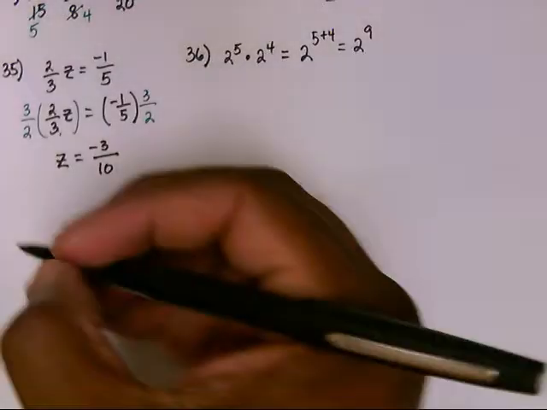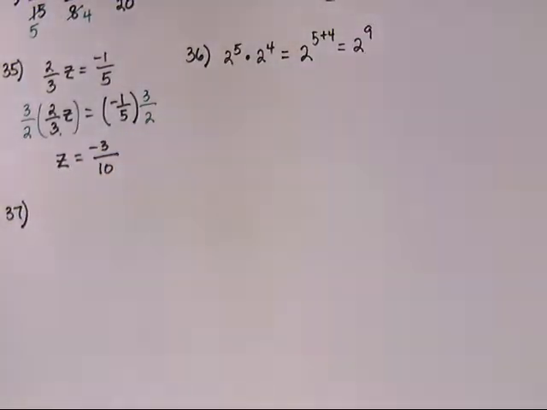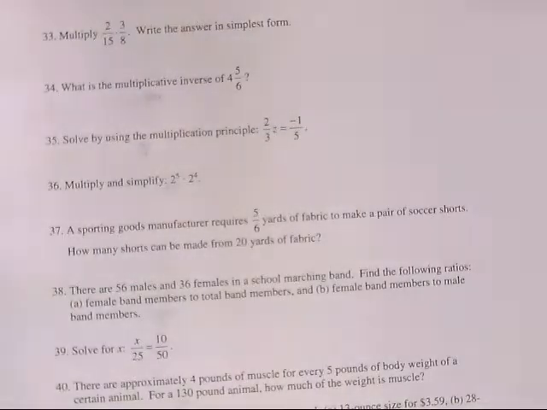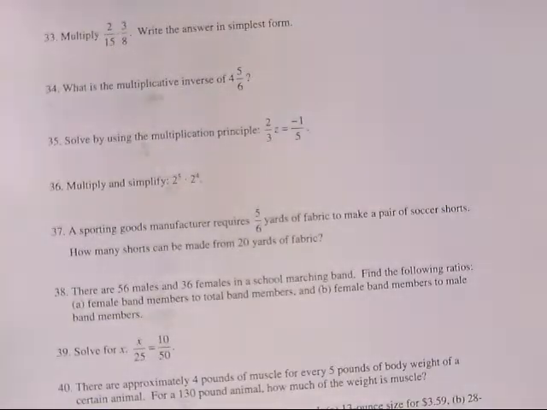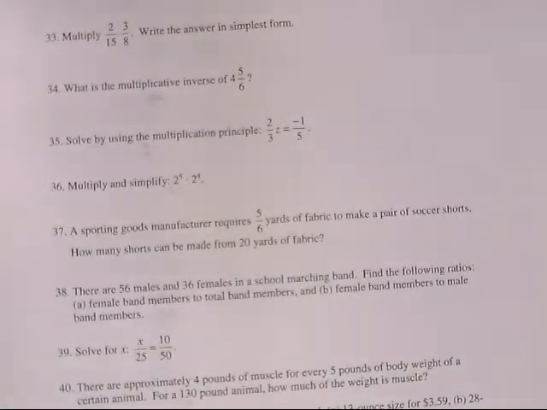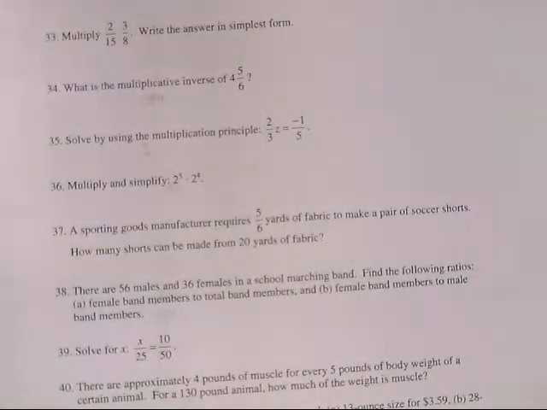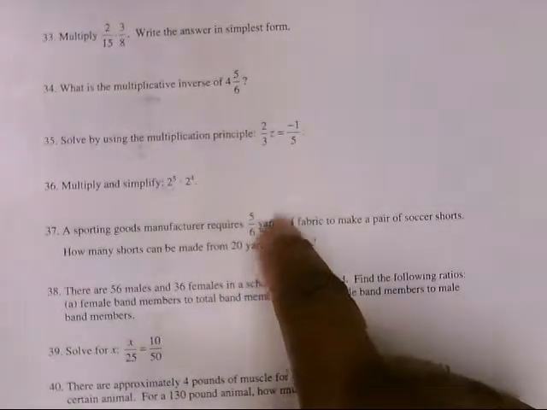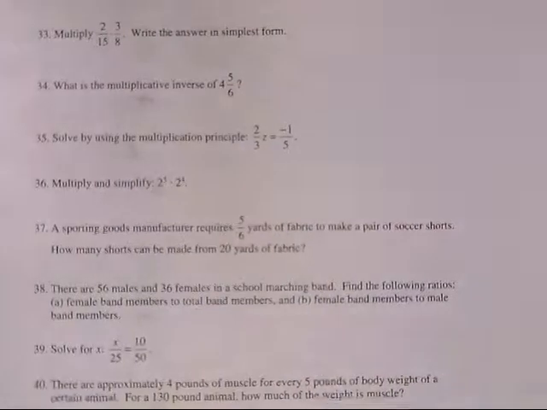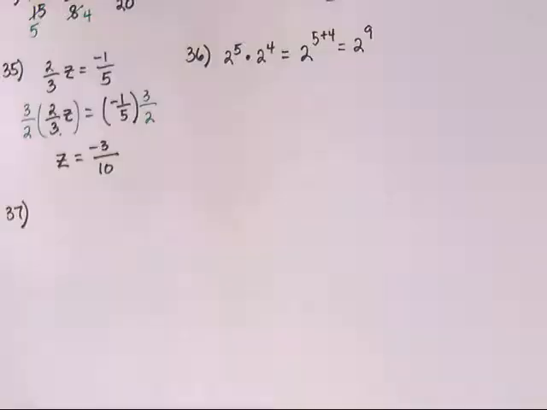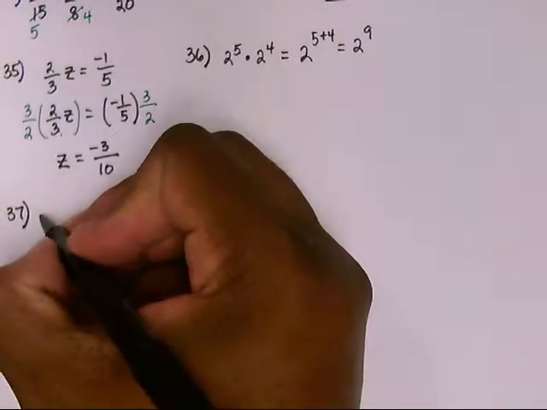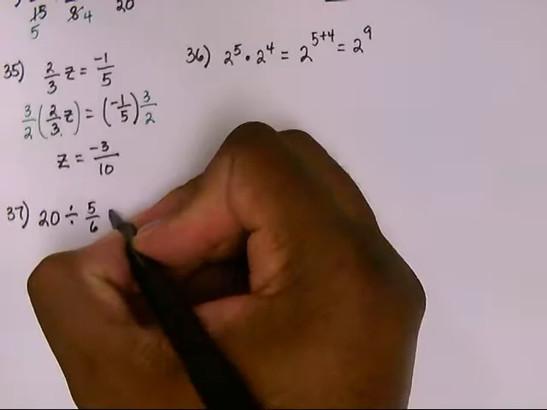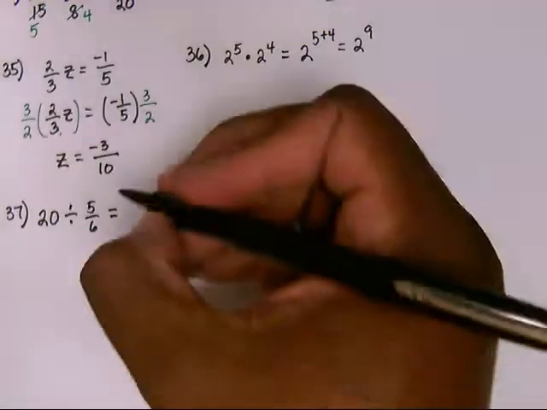Number 37. A sporting goods manufacturer requires 5/6 yards of fabric to make a pair of soccer shorts. How many shorts can be made from 20 yards of fabric? So 20 yards of fabric will be divided by the 5/6 yards to find out how many shorts can be made. So here's our problem: 20 divided by 5/6. Here, that 20 is a whole number.